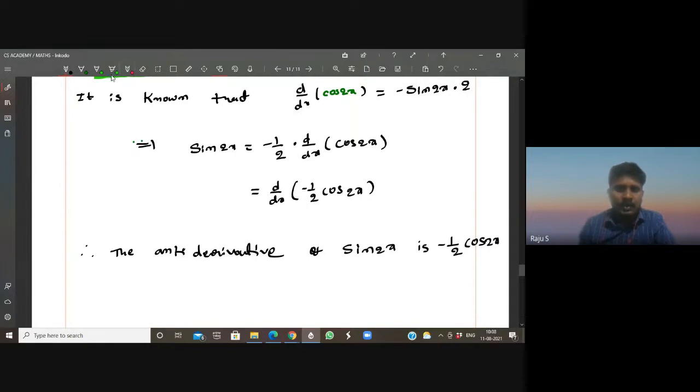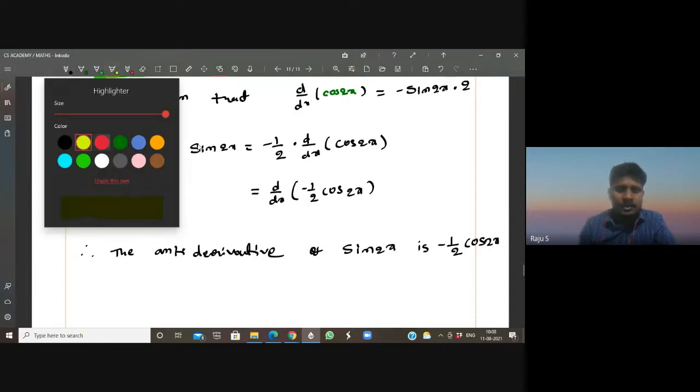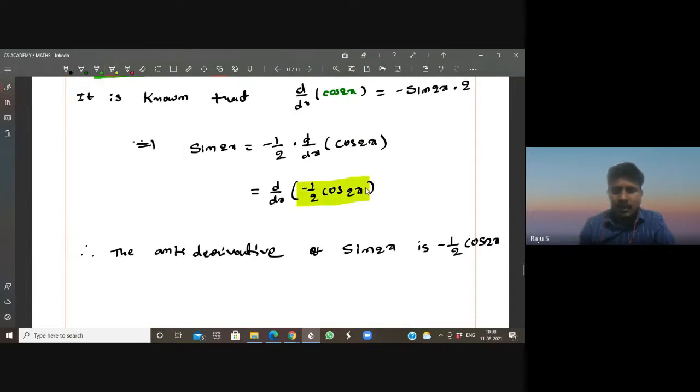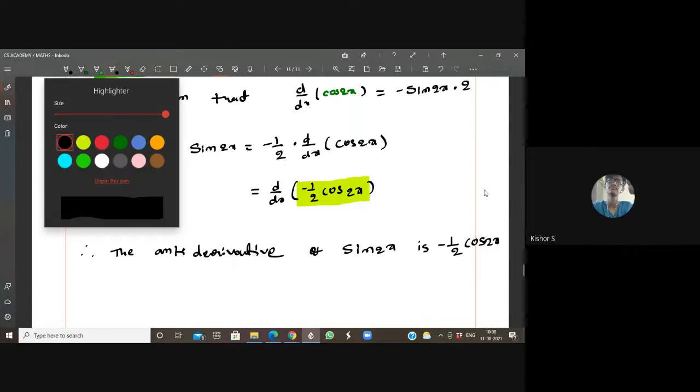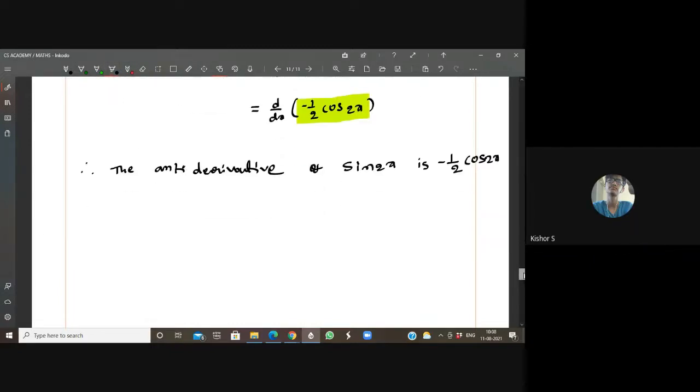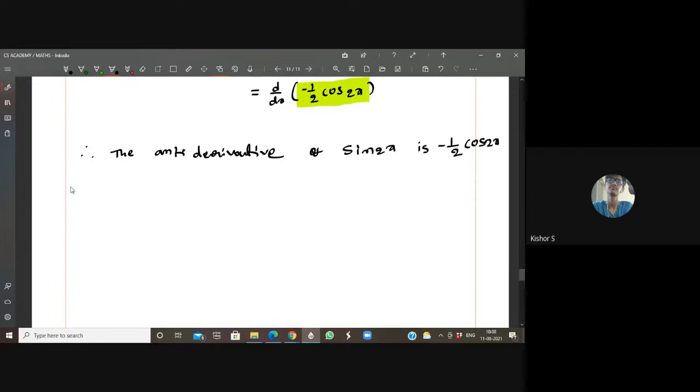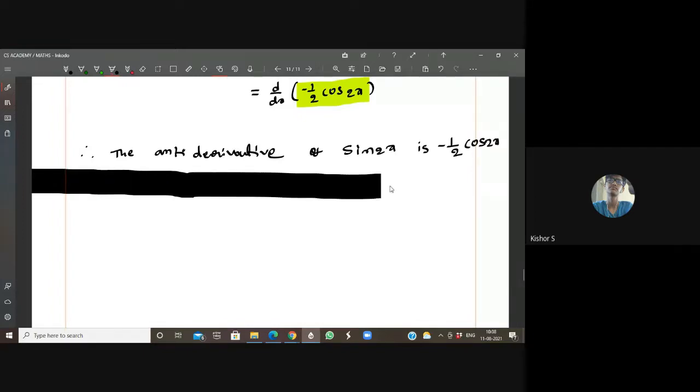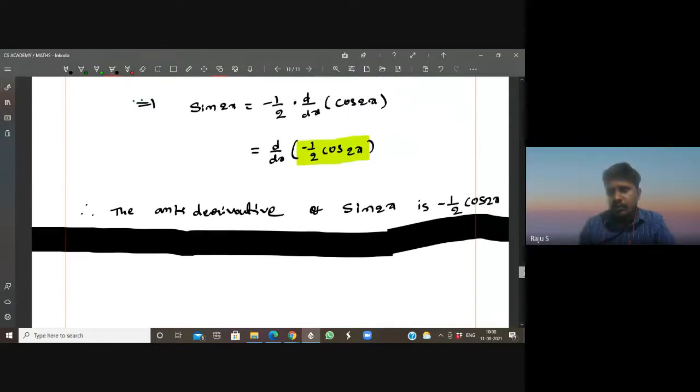Whatever is inside the bracket, this is the antiderivative. This is the answer with the help of the method of inspection, right? Sir, when we differentiate minus 1 by 2 cos 2x, the whole function, we should get sin 2x? Yes, obviously. If you differentiate this, you are going to get sin 2x. So you can check it once.